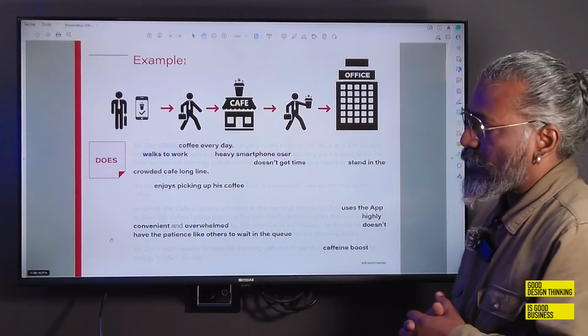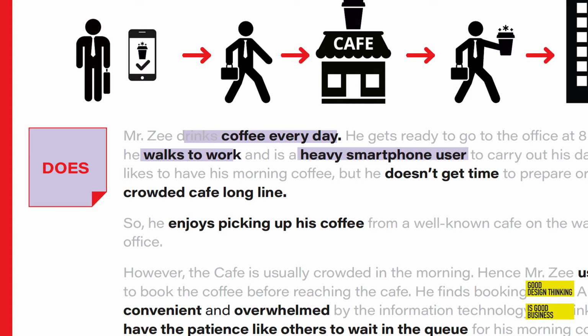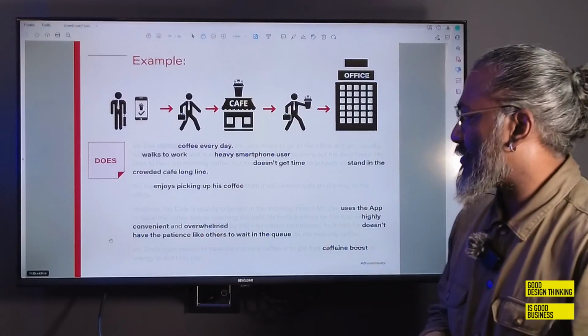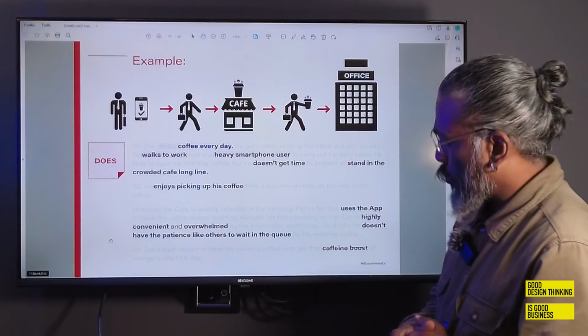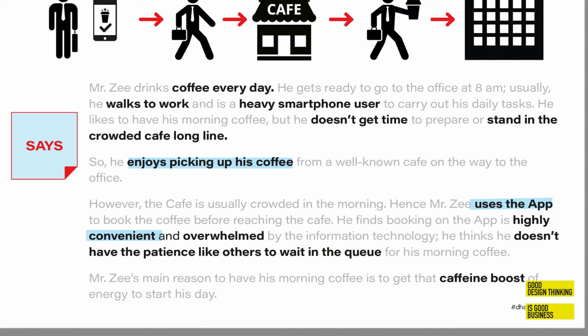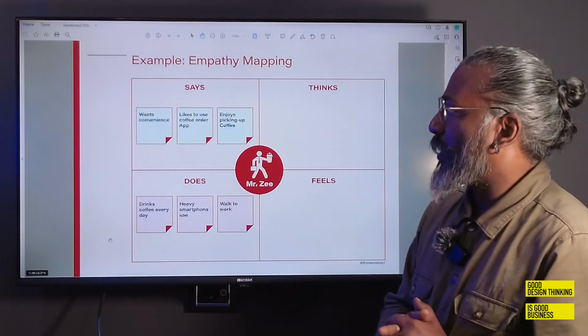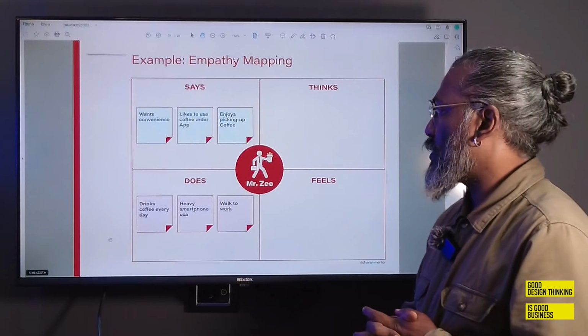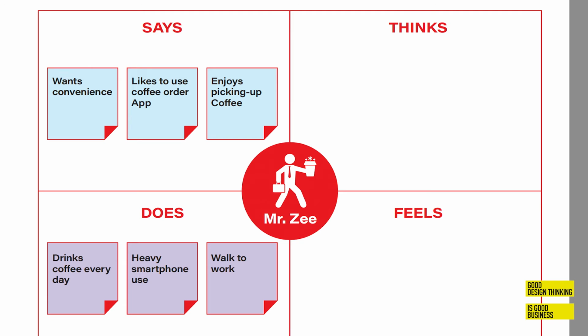So he drinks coffee every day, walks to work, that's what he does, and heavy smartphone user. Then what he says: enjoys picking up his coffee, he doesn't mind, and uses the app for convenience. Wants convenience, always looks for convenience, likes to use the coffee order app because that really provides a convenient way of accessing my coffee.